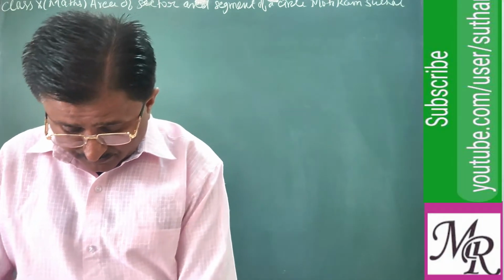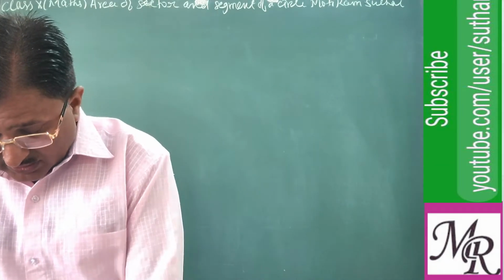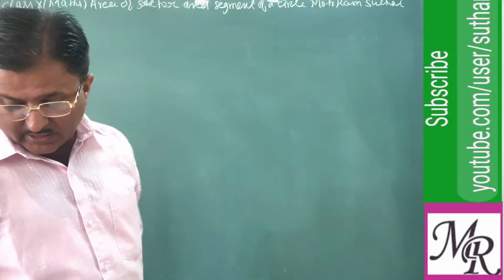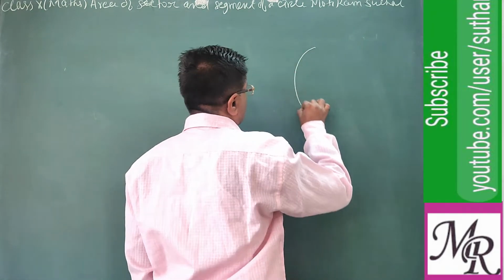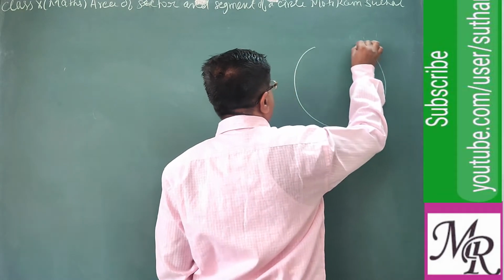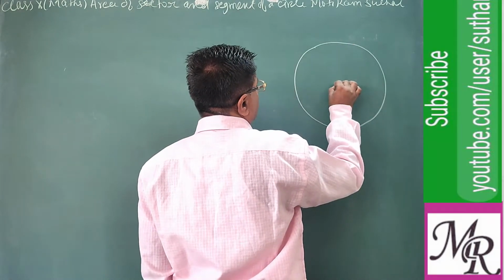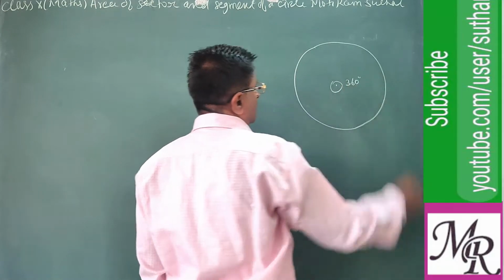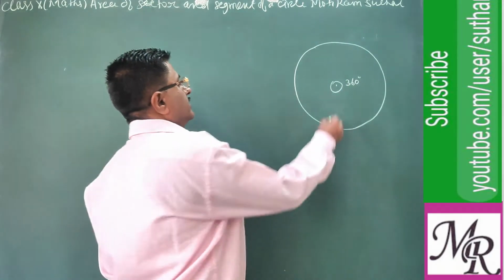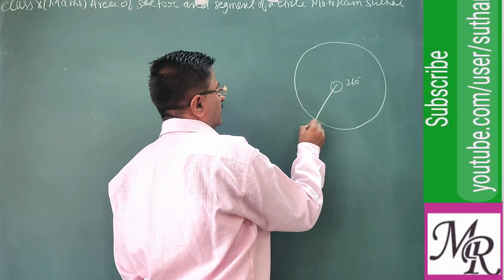So see, if we consider the circular region to be a sector forming an angle of 360 degrees. Suppose this is a sector. So the central angle is 360 degrees. Clear? And its radius is r.